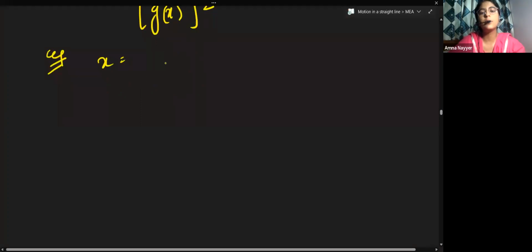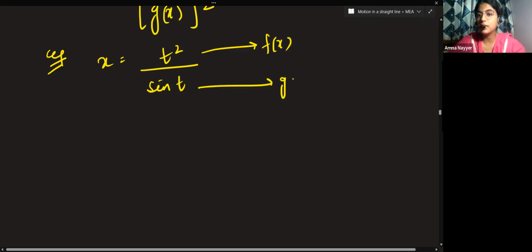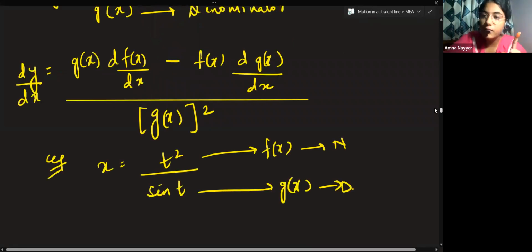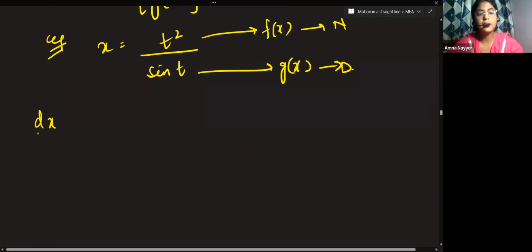Let's take x is equal to t square divided by sine t. Now you can see this is one function, this is another function, and this is the numerator and this is the denominator. So both these are getting divided. So here we have to apply the quotient rule. As the rule says, first we have to keep the denominator fixed and differentiate the numerator. So dx over dt will be: keeping denominator fixed means sine t, and differentiating the numerator t square.